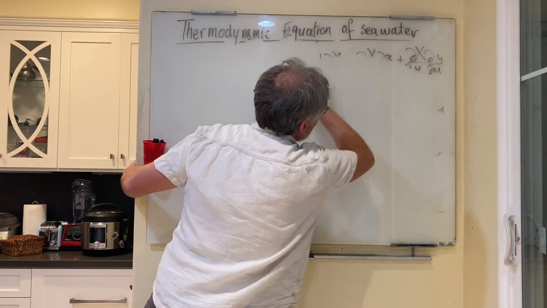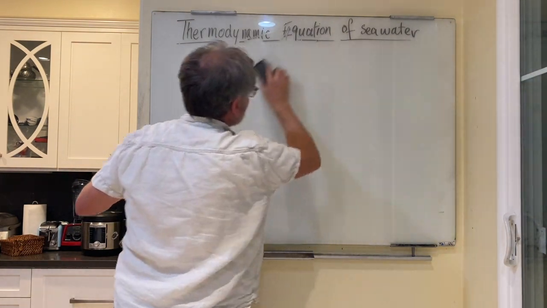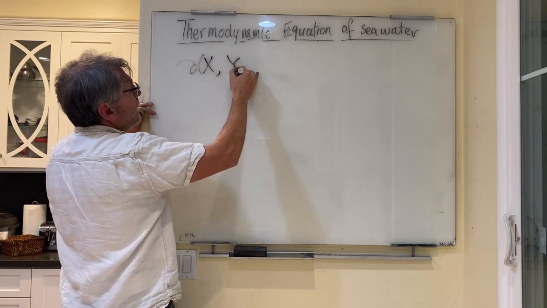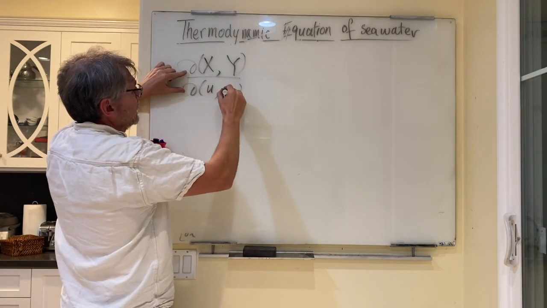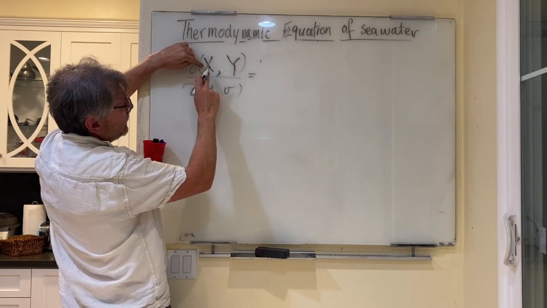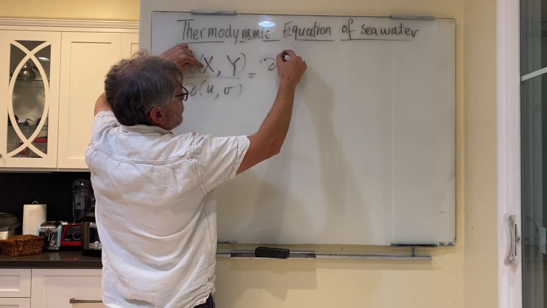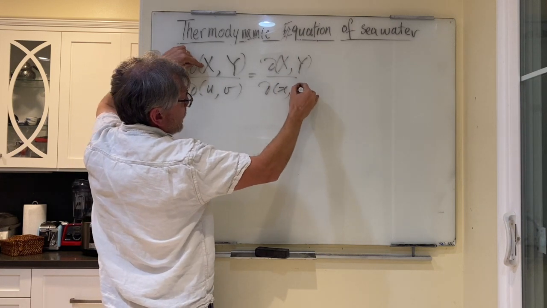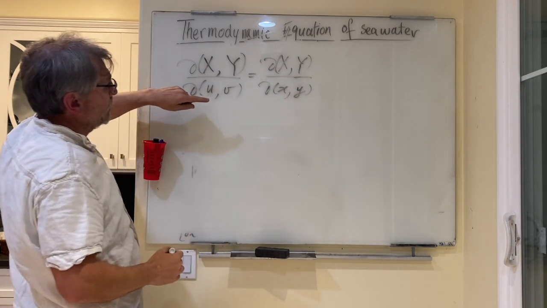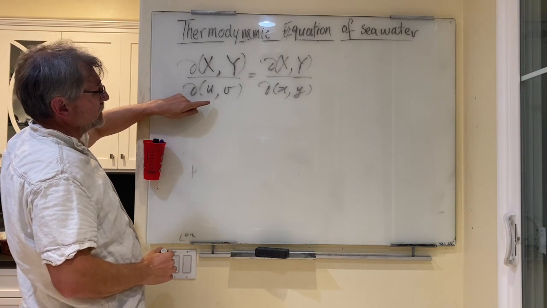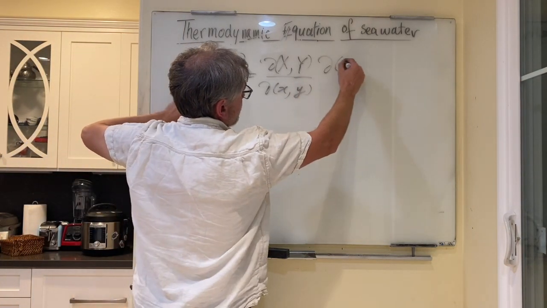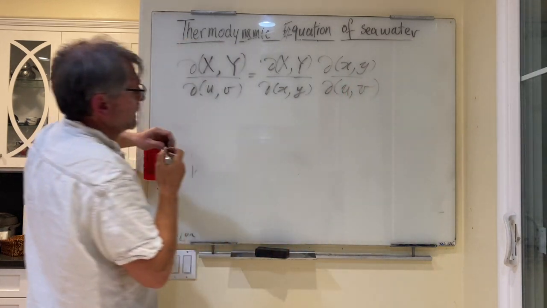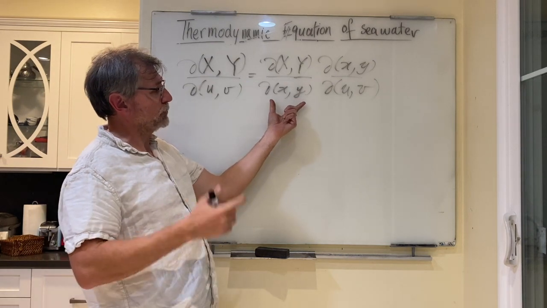If I take the Jacobian determinant of big X and big Y with respect to u and v, that's the determinant from big X, Y to little variables, little x and little y, and then from the little x, little y to the little u, little v variables, because this is the matrix multiplication I just showed you a little while ago.